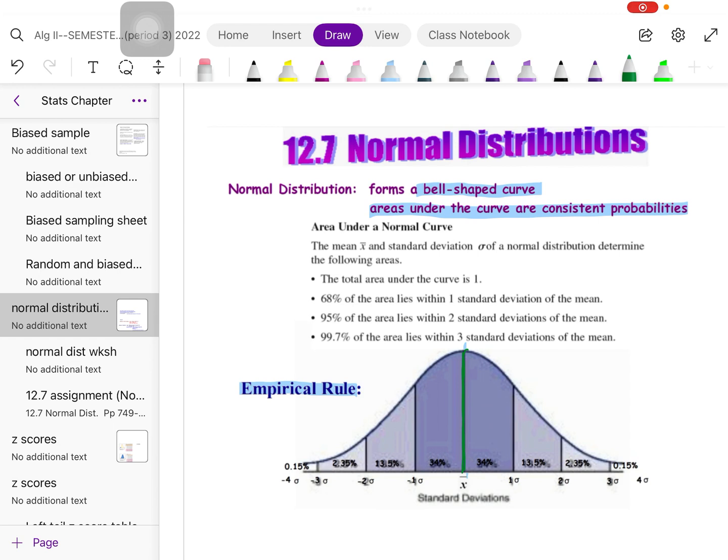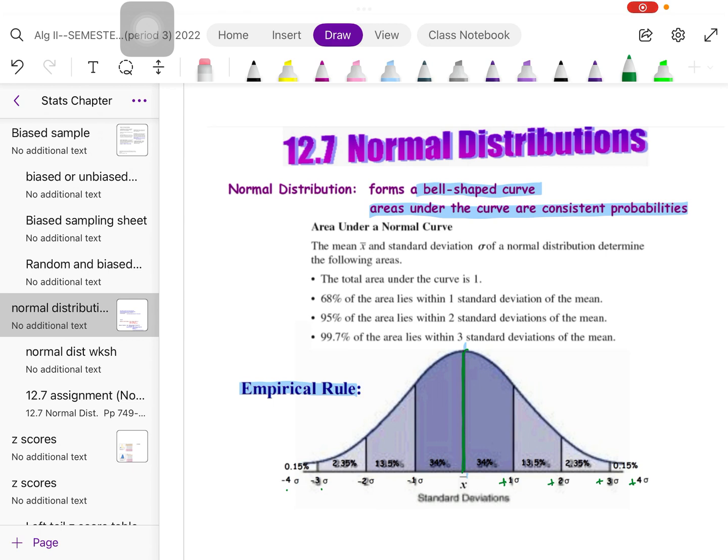That's my X bar. Then from the middle, I go right 1 deviation, so that would be plus 1 deviation, plus 2 deviations, plus 3 deviations, all the way out to the tail would be at most plus 4 deviations. If I go to the left, that would be negative 1 deviation, negative 2 deviations, negative 3 deviations, and out to the end, negative 4 deviations.